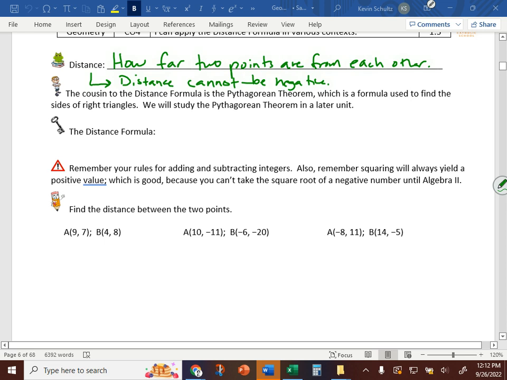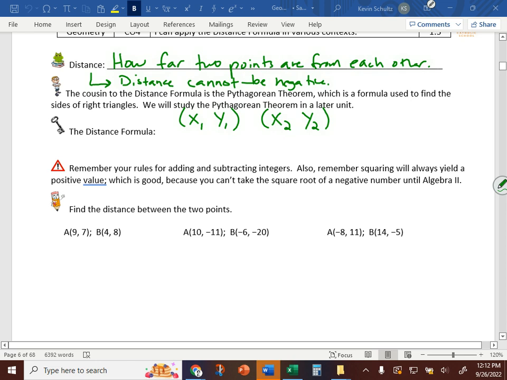And the distance formula looks like this. Given two ordered pairs that we can call x1, y1 and x2, y2. You see we've got two ordered pairs down below for the practice stuff, so we're using these terms again.